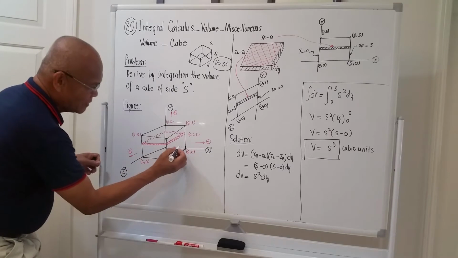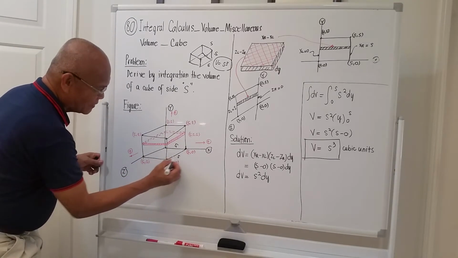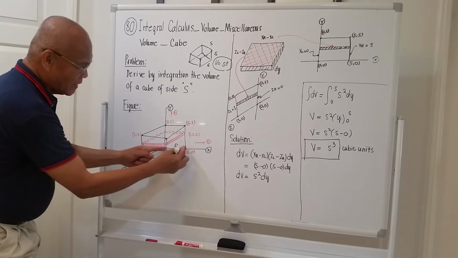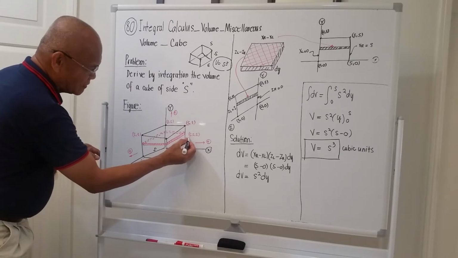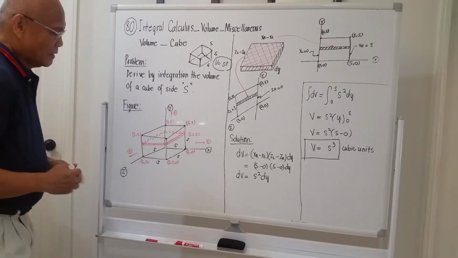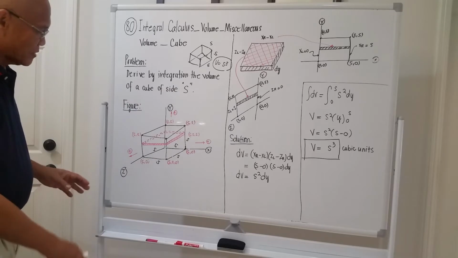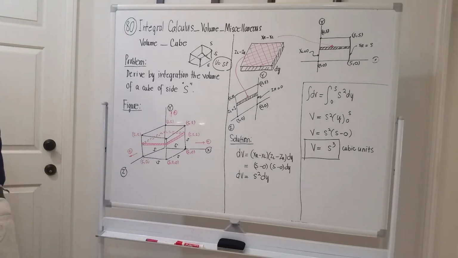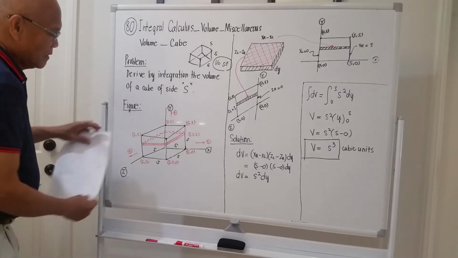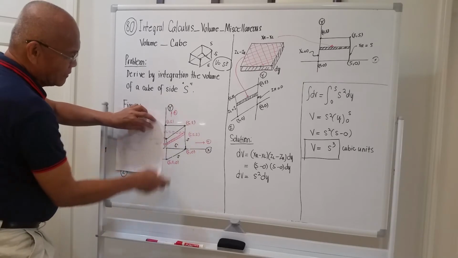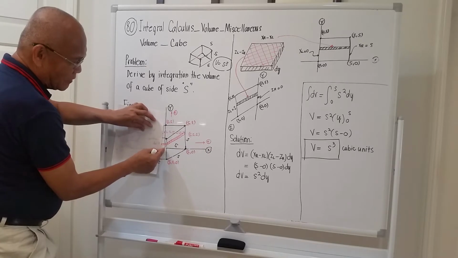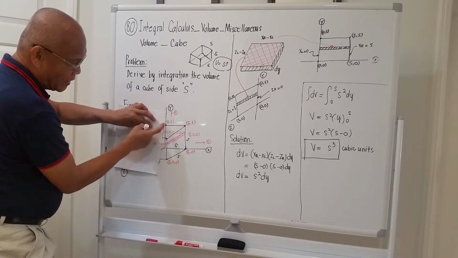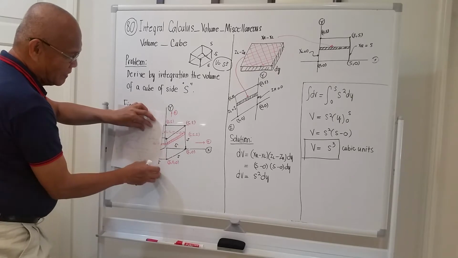This is side S. This is side S. This is side S. And even the height is still S. So if we try to place the proper coordinates, considering for the meantime the XY plane, this should be (S, 0), this is (S, S), the one at the origin will be (0, 0), and this point here is actually (0, S).